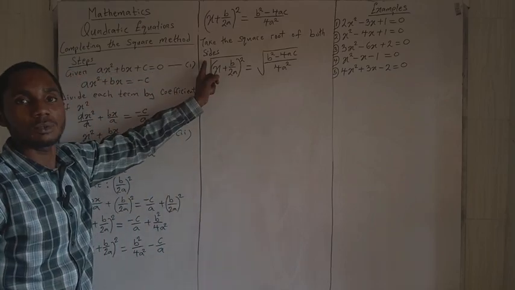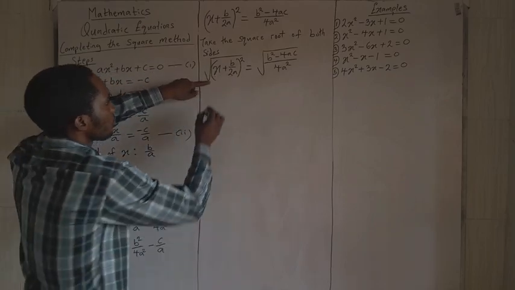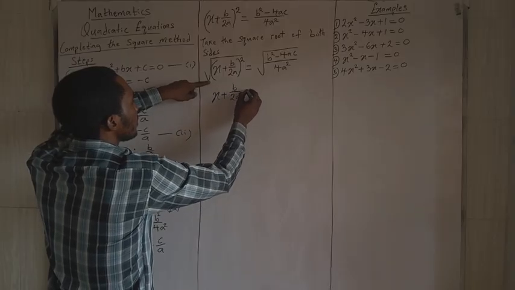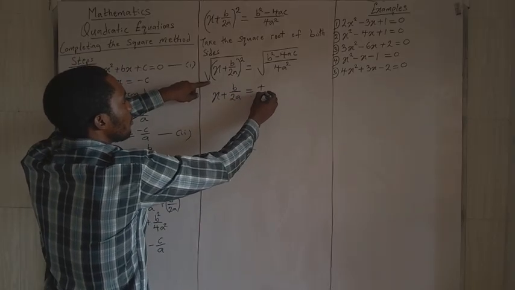The square and the square root will cancel out each other. So we have x plus b over 2a is equal to plus or minus.